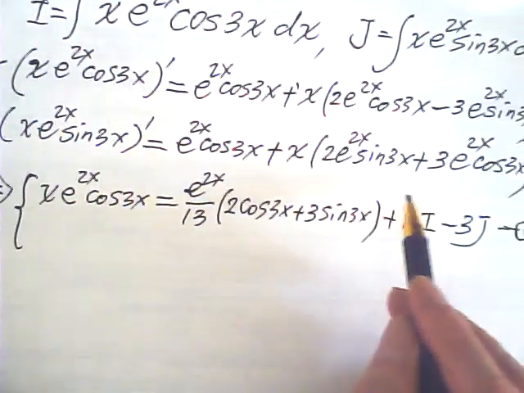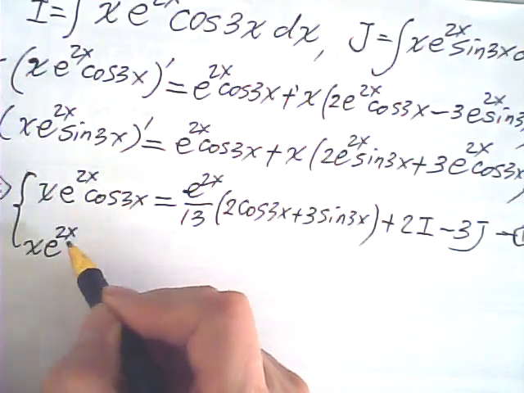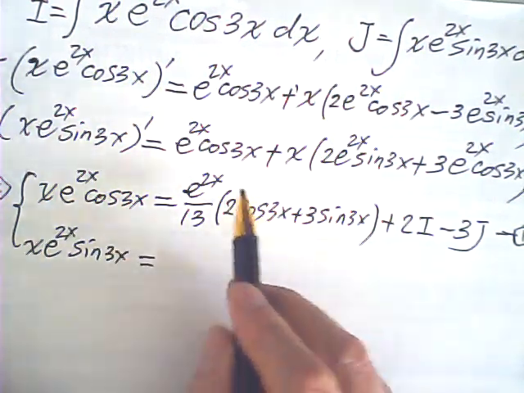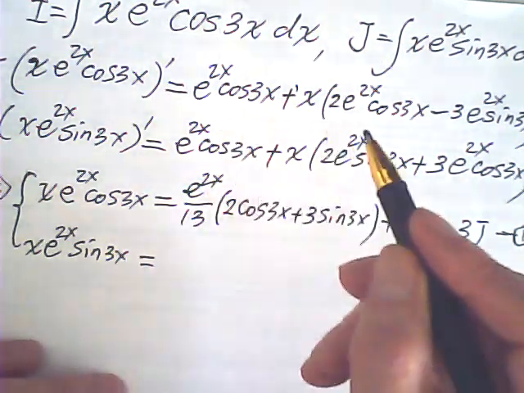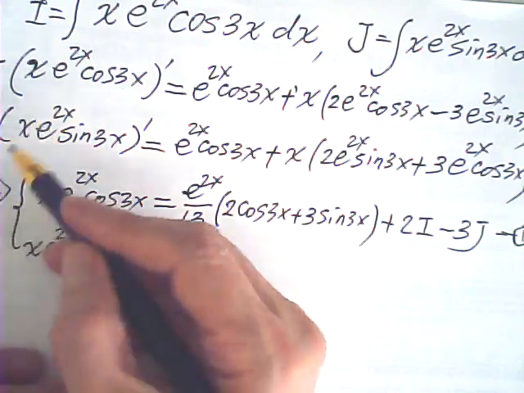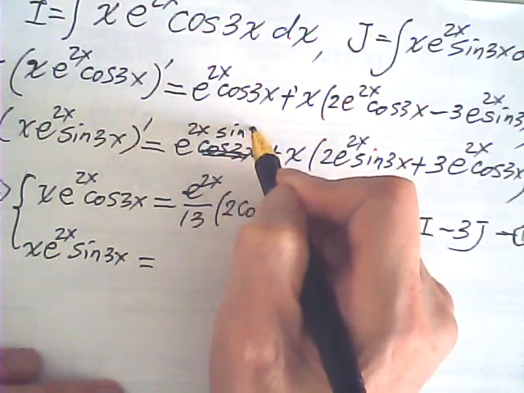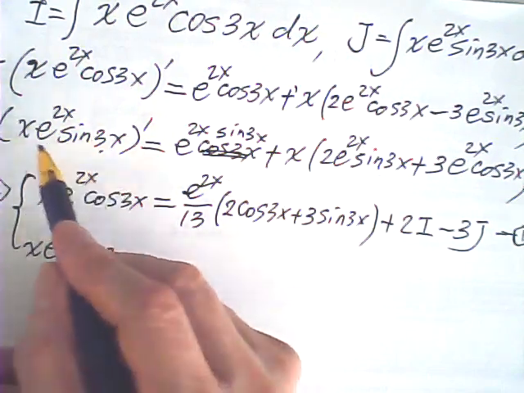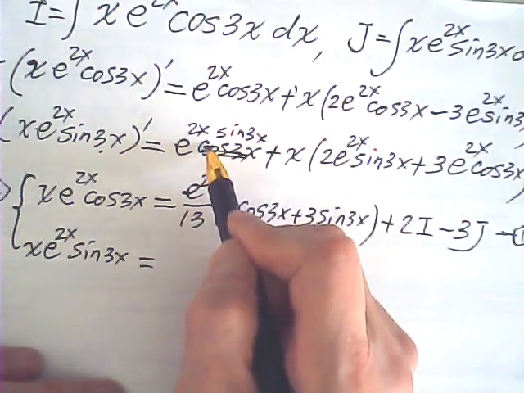Now, the second line, this antiderivative is x e to the 2x sine 3x. I copied wrong. The derivative of x is 1, and 1 times this is sine 3x, not cosine. I'm sorry, I'm miscopying.